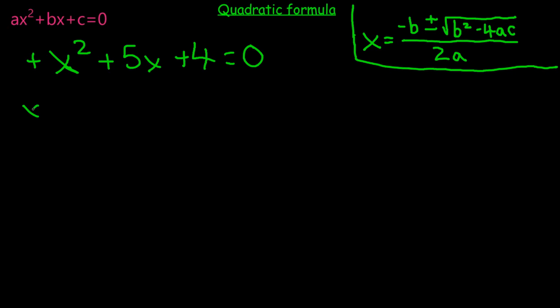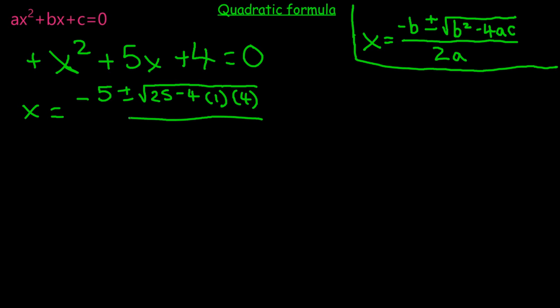So substituting into the quadratic formula, we have negative b is minus 5 plus or minus the square root of b squared, which is 25, minus 4 times a, which is just 1, times c, which is 4, all divided by 2a. A is 1, so that's 2.